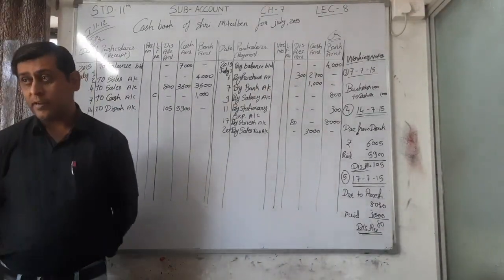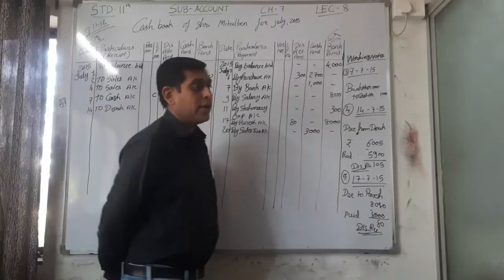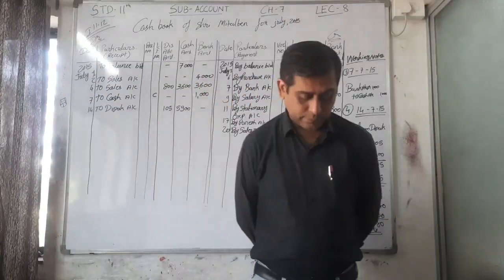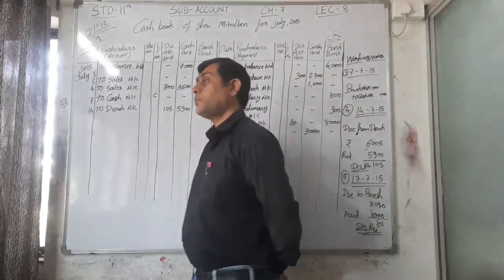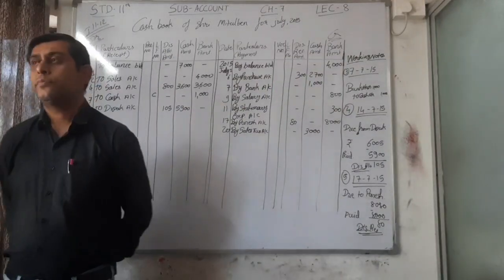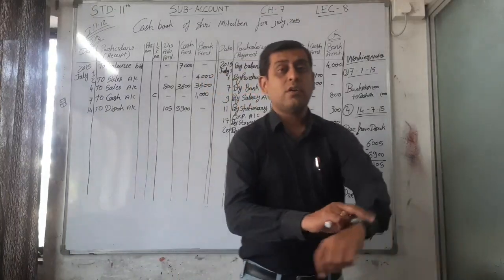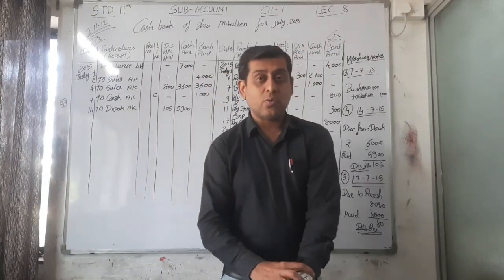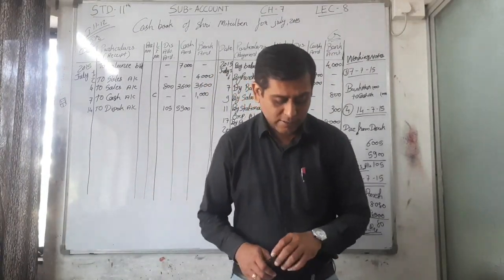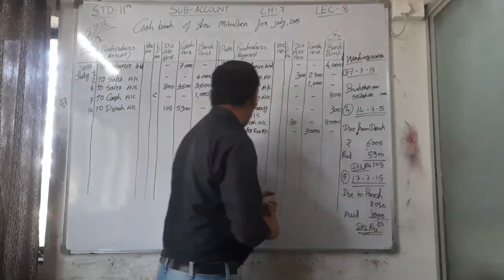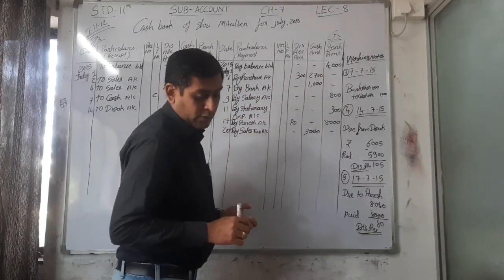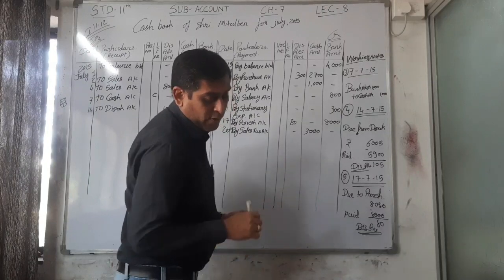Drawing account debit 2000 to cash account. The journal entry for this transaction is drawing account debit 2000 to cash account 2000, and again it's a payment, that's why we have to record it on the credit side. Date is 24.